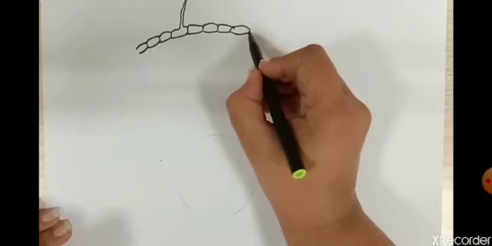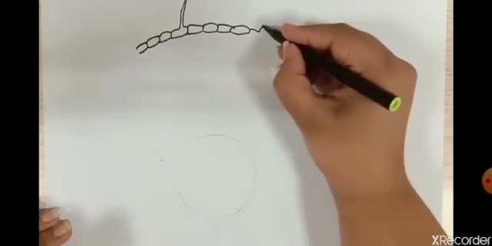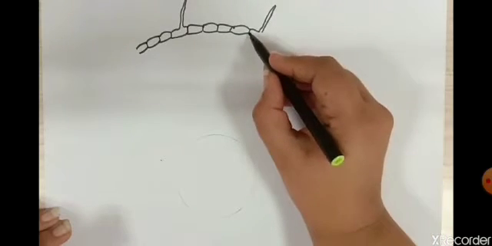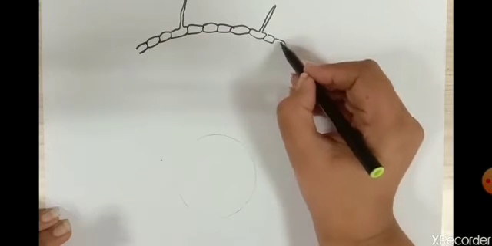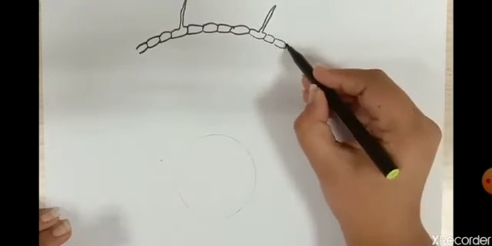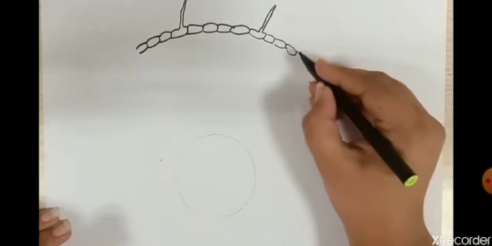There should be no gap between these cells. So this is the epidermis or the piliferous layer of the root.